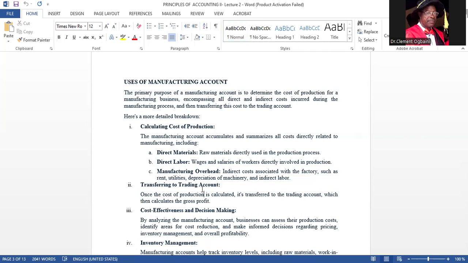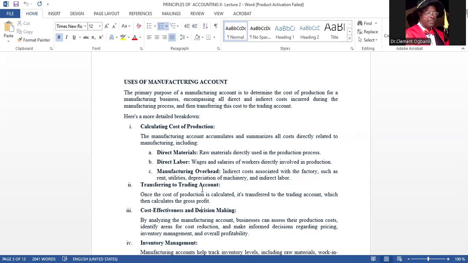Then, because we have calculated the manufacturing cost, a company can decide on an amount at which they are transferring the cost to the marketing department. Let's say a company spends 1 million in their production now.